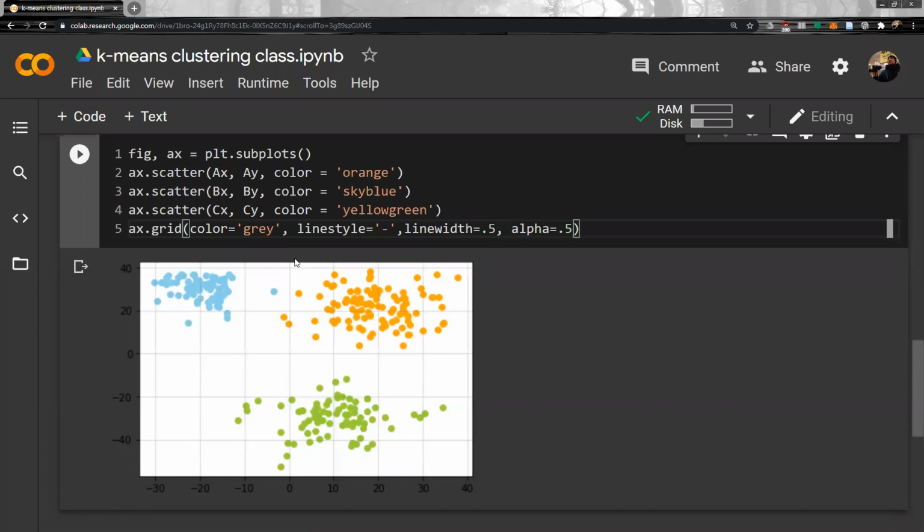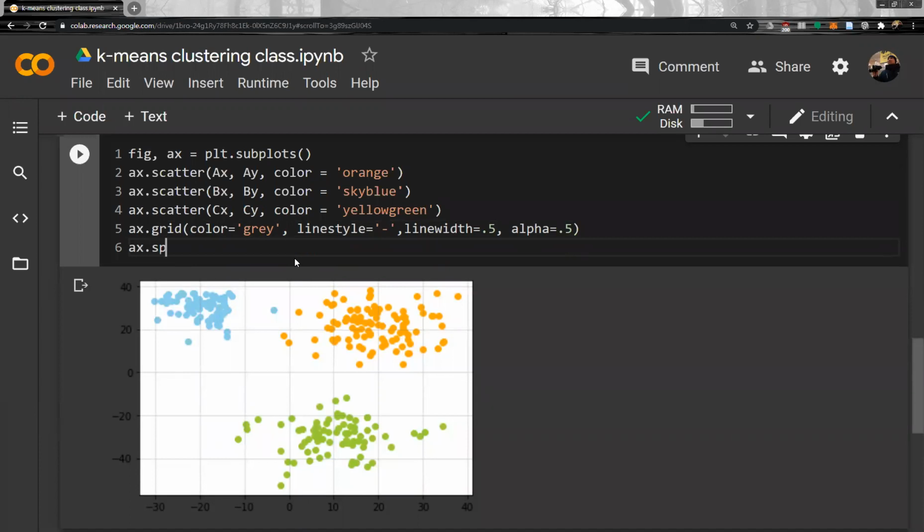Next, what we can do is actually ax.spines.